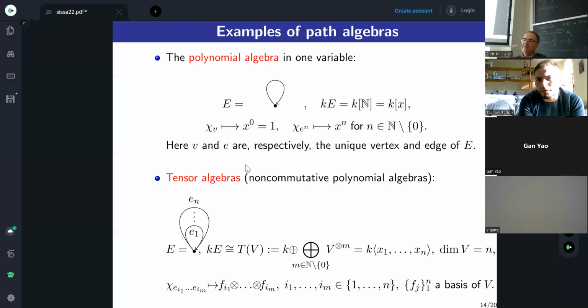Then it's very easy. Once you have such a representation of your quiver by vector spaces and morphisms, you can very easily say, aha, this is a module of your path algebra. And then basically the ideal of relations must be respected by these morphisms which you have in your quiver. And you solve linear equations.